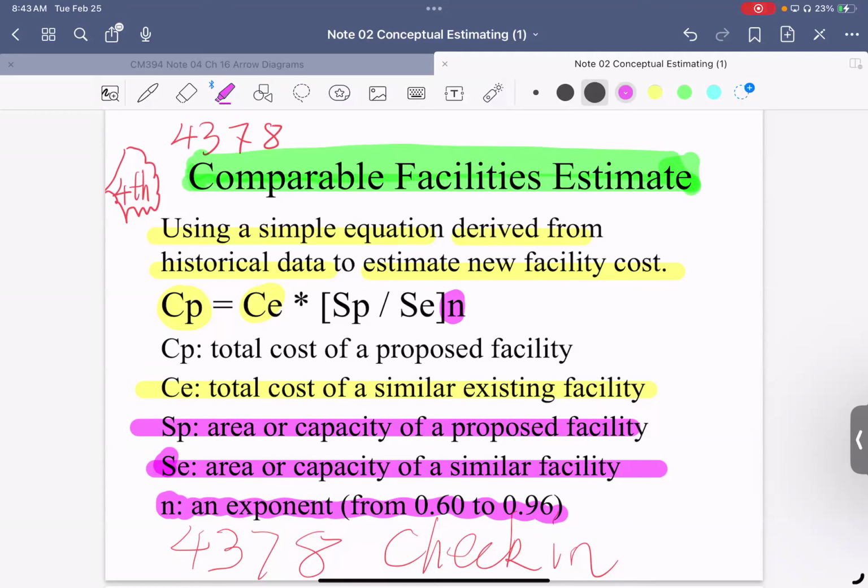When I input it into GoodNotes, it had an issue. This should be N as a power instead of times N. Does that make sense? If you access the lecture notes, you will see this is an N power.